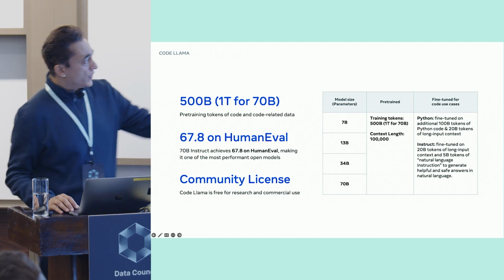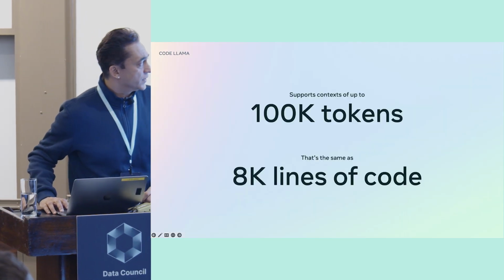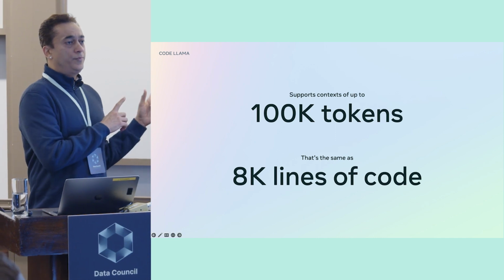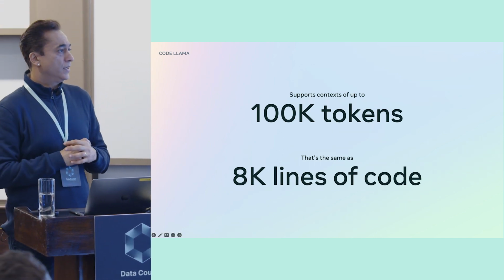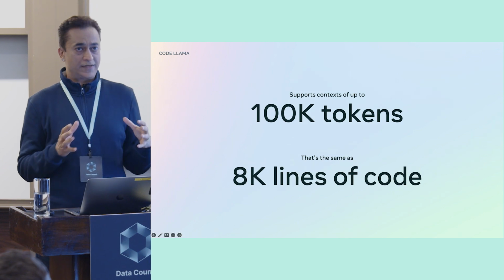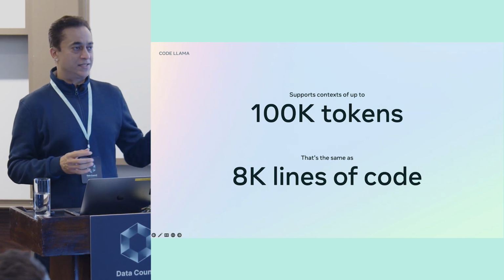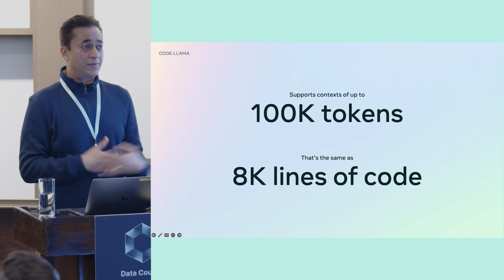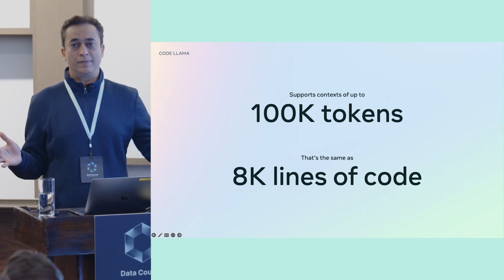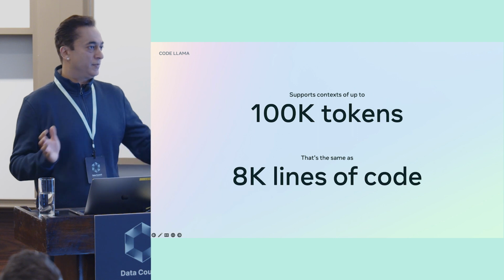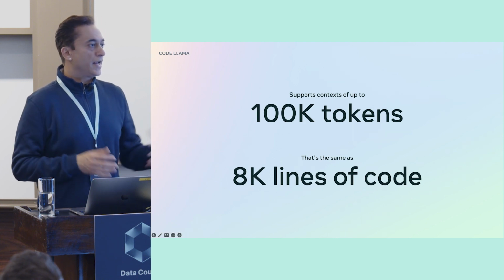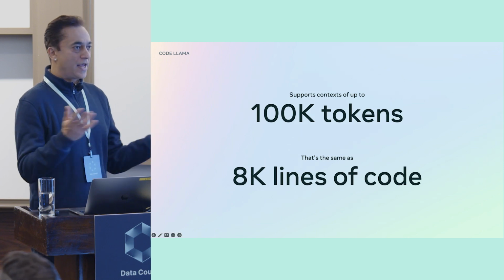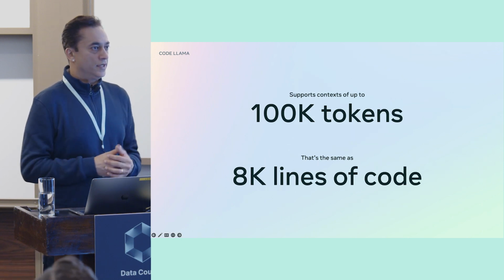Now, one of the most important things is the 100K token size. This is really important. Our Llama models have an incoming token context length of 4K, but this one has 100K. The reason we have this is because you sometimes have large code files, right? A PHP file or a Python file. And you should be able to take the full file and send it to CodeLlama to analyze or debug or generate a function.